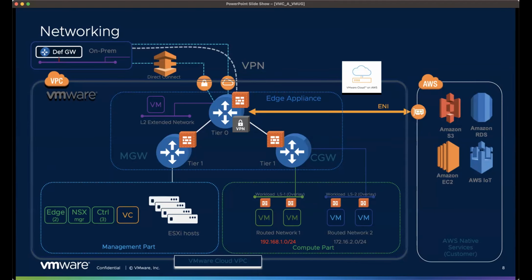Other things may include running a small RDS database. So if you're running Horizon on VMC, for example, Horizon for the connection server, I think is the component, you may need an events database, which is a very small SQL database.